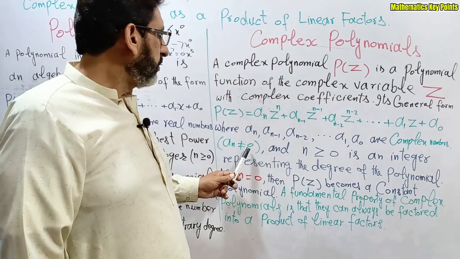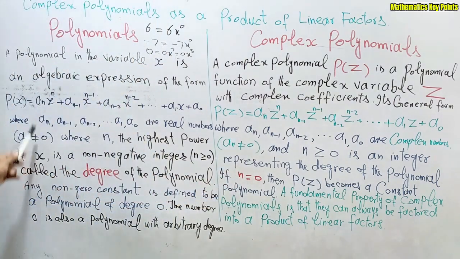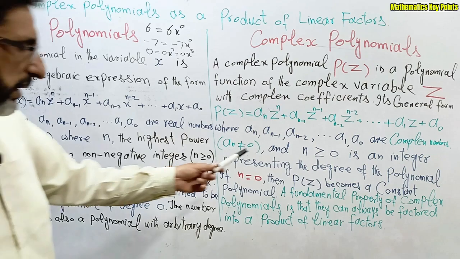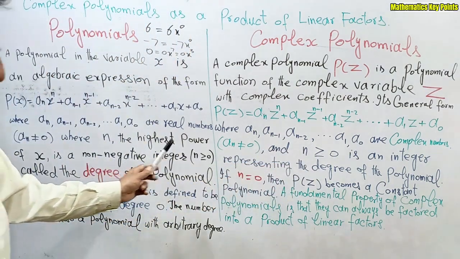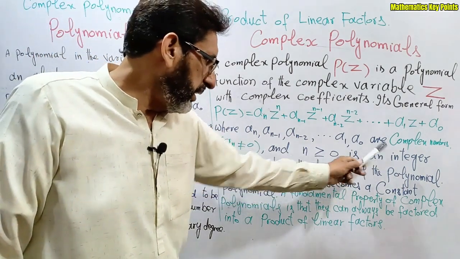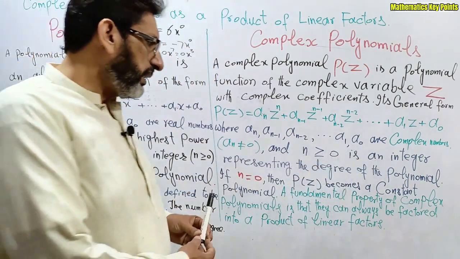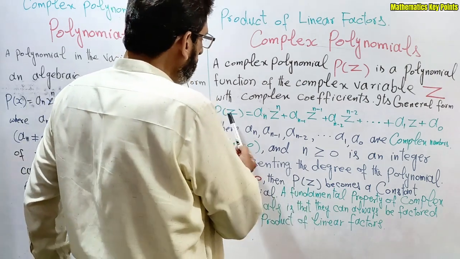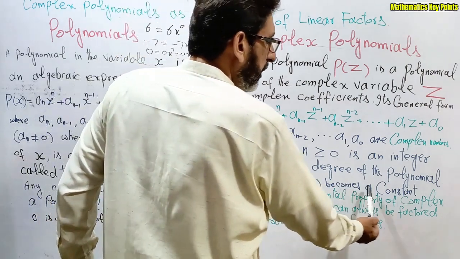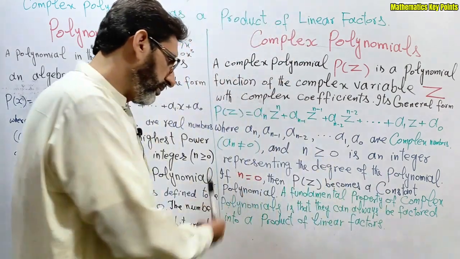An is not equal to 0, the same condition as in the polynomial, and n is a non-negative integer representing the degree of the polynomial. If n is 0, then this polynomial p of z becomes a constant polynomial.